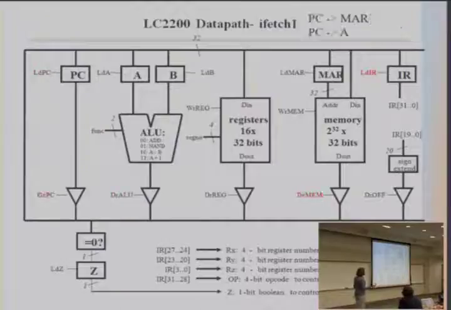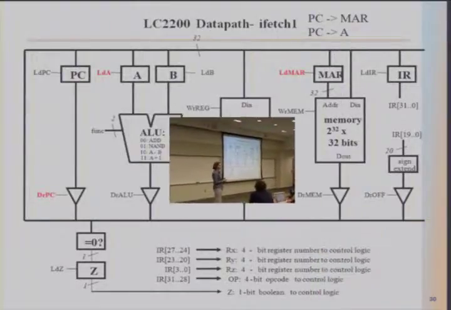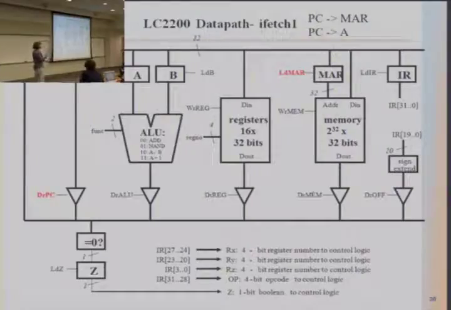Now, if you go back and look at here, I said that we are going to write PC into register A and also into a memory address register. Why am I doing that? Exactly, because otherwise I would need 4 steps.